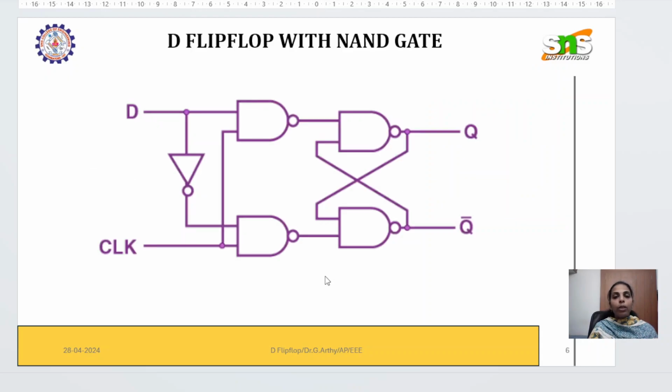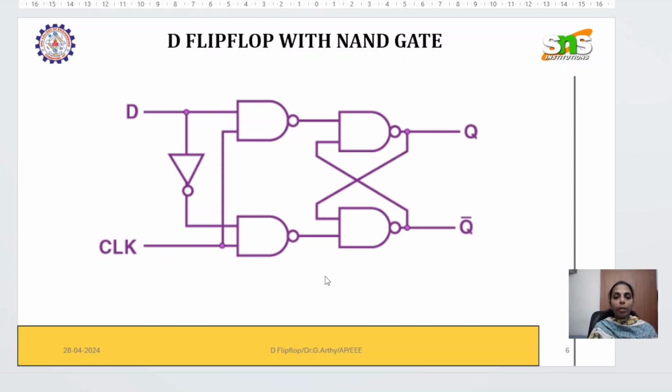The D flip-flop is a very simple type of flip-flop. It is a minimized version of the SR flip-flop. In the SR flip-flop, when S is equal to 1 and R is equal to 1, it is an invalid state. If S is equal to 0 and R is equal to 0, it acts as a memory.